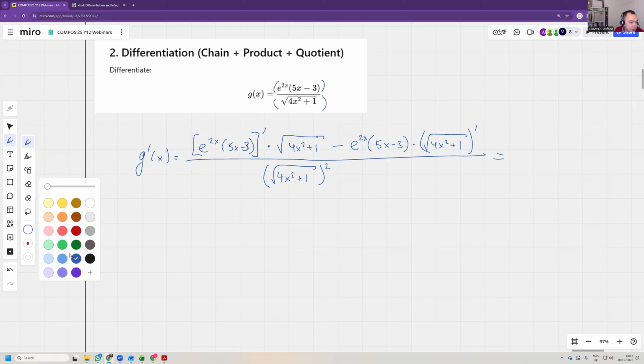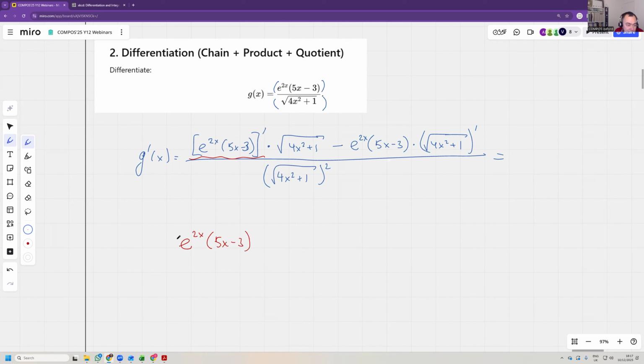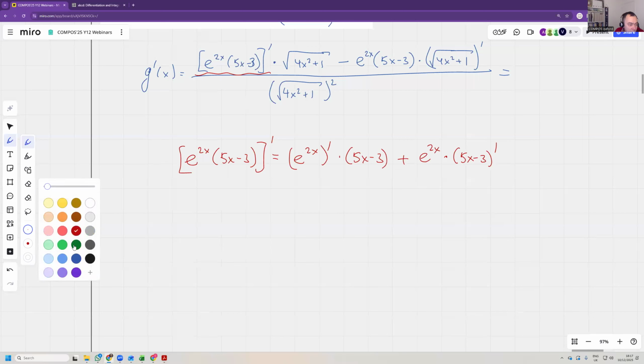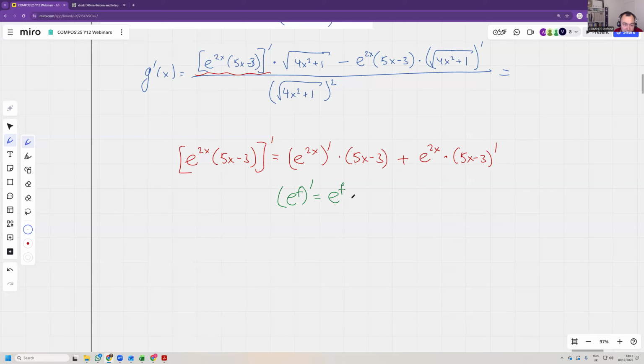Once again, I'm going to simplify this bit separately. So (e to the 2x (5x minus 3)) dash is (e to the power 2x) dash multiplied by (5x minus 3) plus e to the power 2x multiplied by (5x minus 3) dash. And recall that (e to the power f) dash is f dash e to the power f.